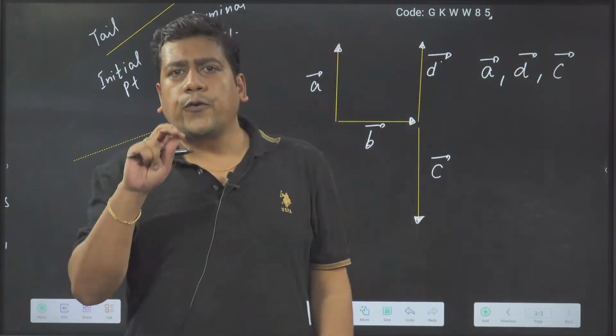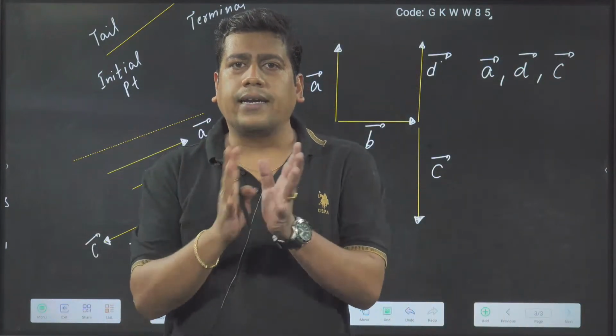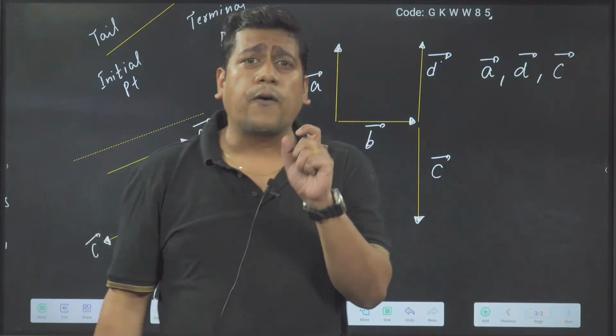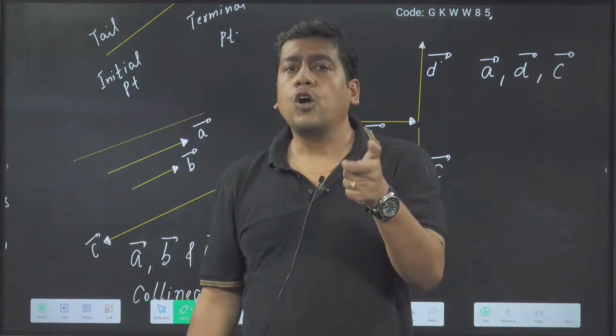So sir, if two vectors are collinear, how can we identify them? Okay, the diagram is clear, but if the vectors are given in the form of i cap, j cap and k cap, then how to identify?